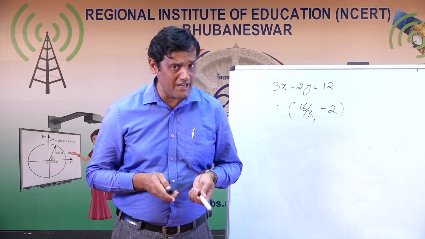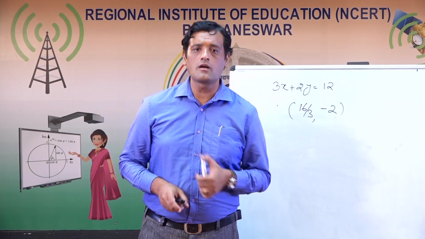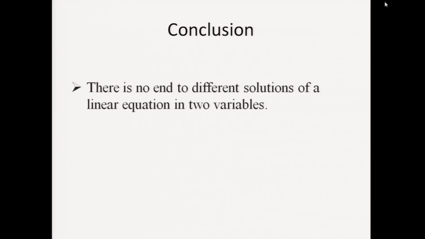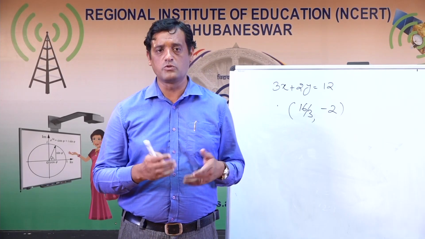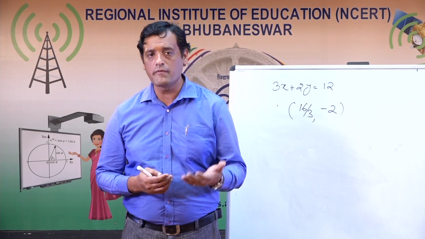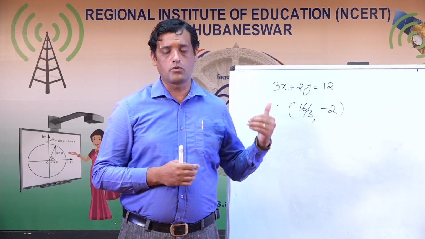What we can conclude with such type of solutions. So this is our conclusion number 1. There is no end to different solutions of a linear equation in two variables. There is no end, infinite. You put some values of x, like we have put y equal to -2, x equal to something.